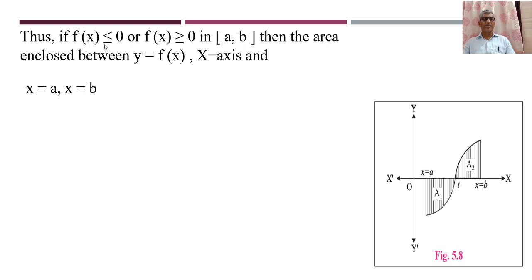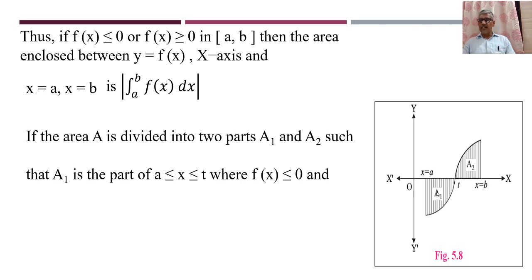See here, f of x less than or equal to 0 means these are negative on the y axis, not x axis, and f of x greater than or equal to 0 means these are positive on the y axis. This is area A1 and this is area A2. The initial or lower lines are x equal to a and x equal to b. Then how can we find this? Mod of the integration to the limit a to b of f of x dx, like this.